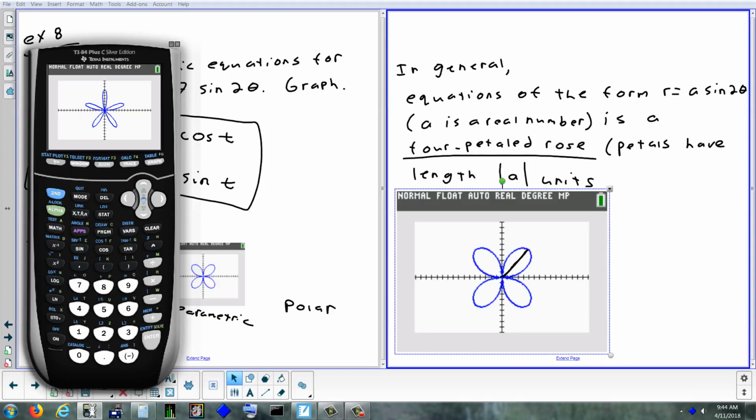Jane, do you have any thoughts? What did he say? Can you repeat what you said? 2 times theta. So he said 2 times theta gives you the number of petals. It seemed to work for some things. In fact, I showed 3 examples where it worked, but then I showed you 2 where it didn't.